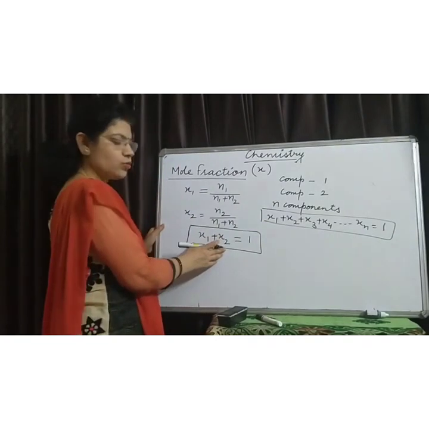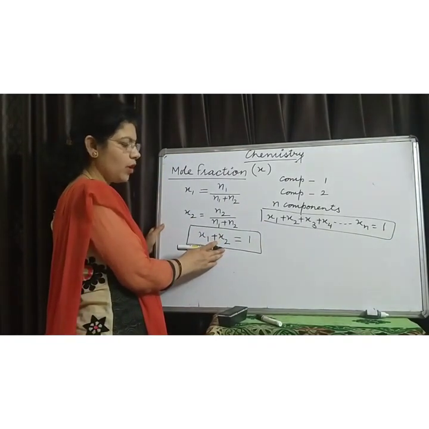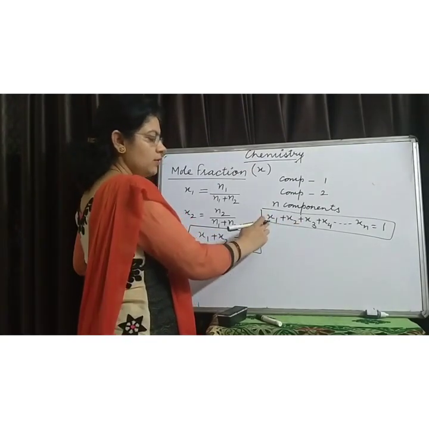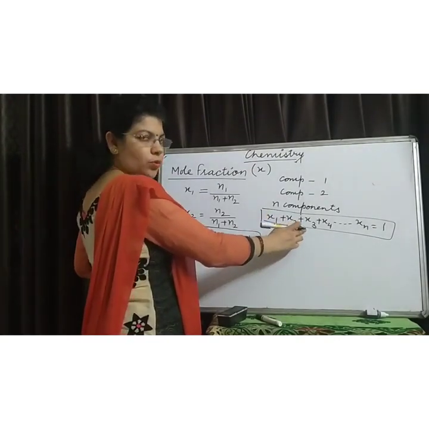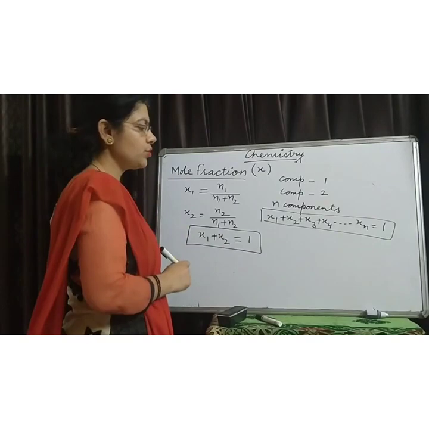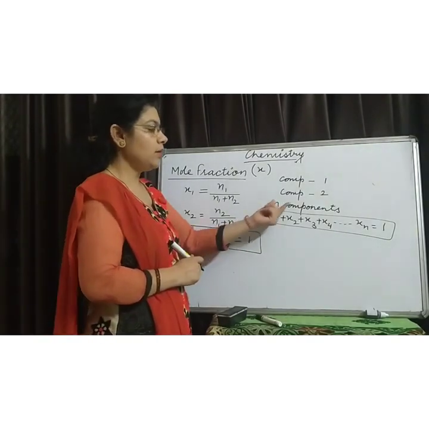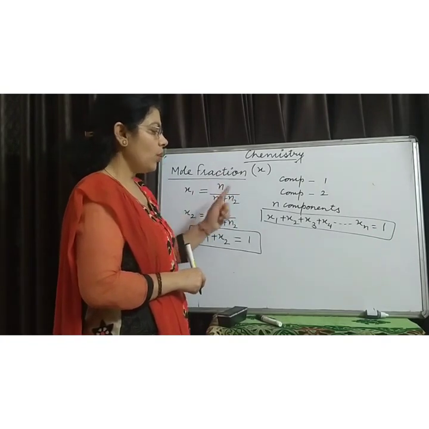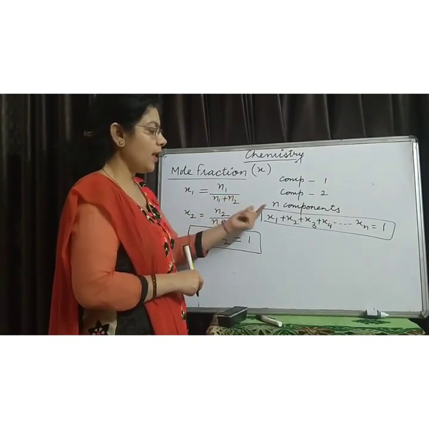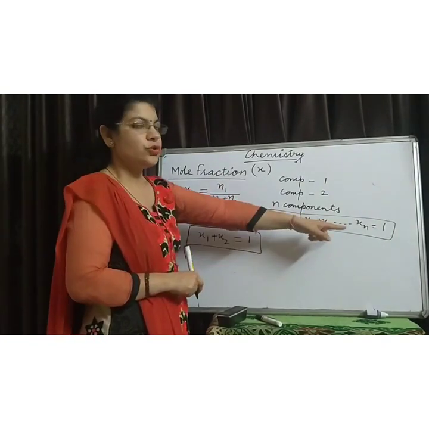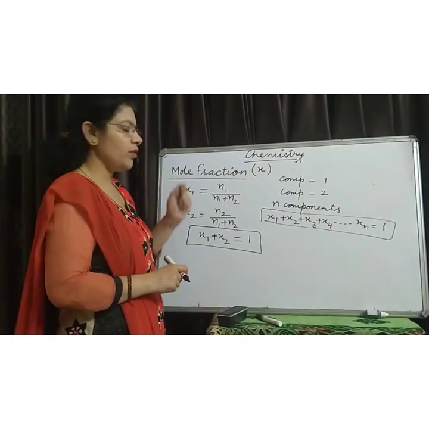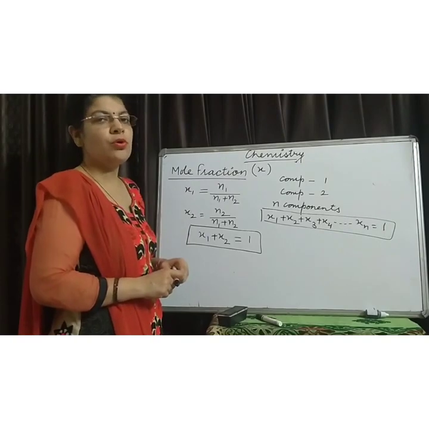If it contains two components, the two mole fractions sum to 1. If it contains 3, then x1 plus x2 plus x3 equals 1. If a solution contains n components, then the sum of all n mole fractions should be equal to 1.